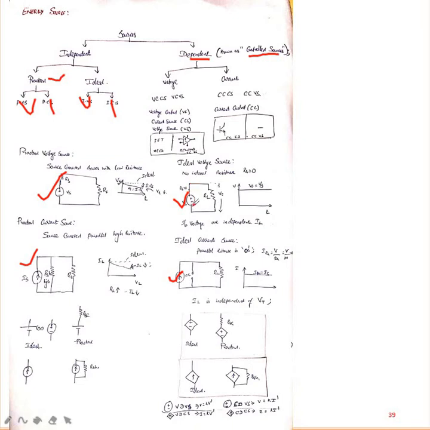Practically, resistance is connected in series with the voltage source and in parallel with the current source. Due to the resistance, you will get a drop. But here it is constant, ideal 100%, whereas a practical source has a drop.